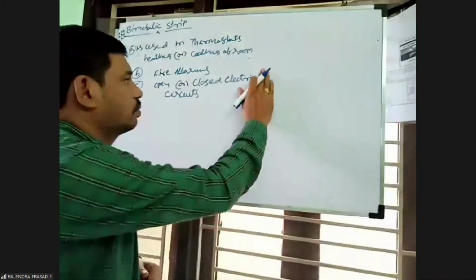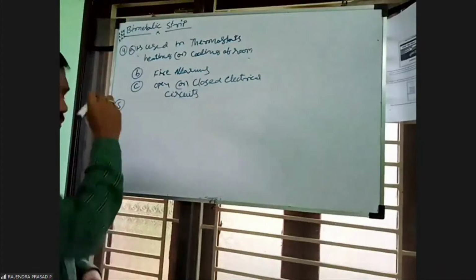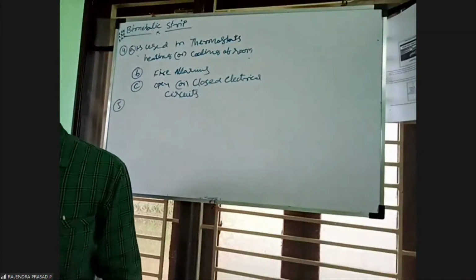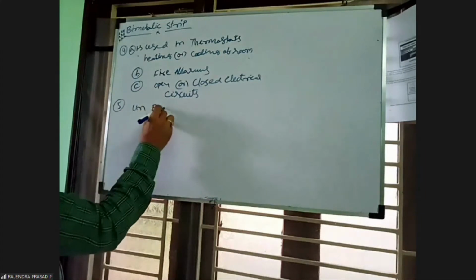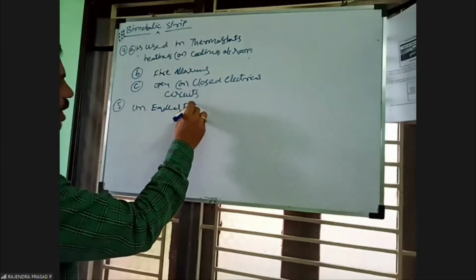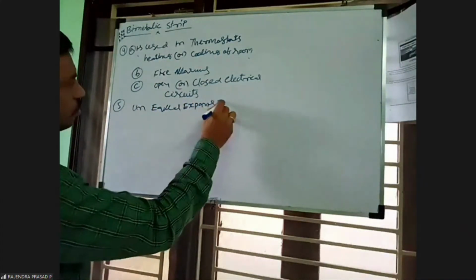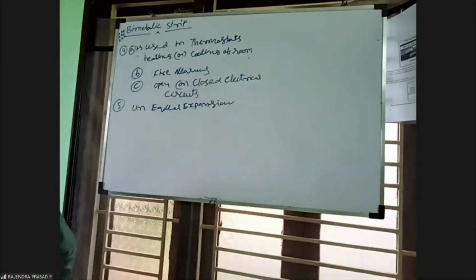Okay. What is the principle? Very, very important. Fifth one: unequal expansion of dissimilar metals.